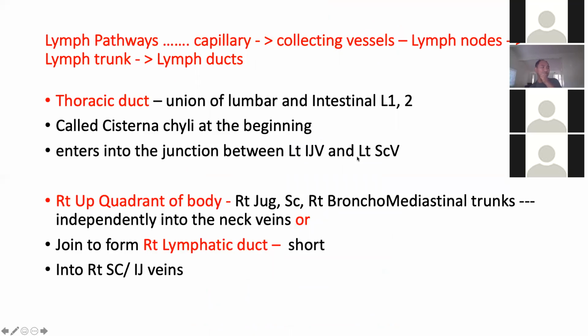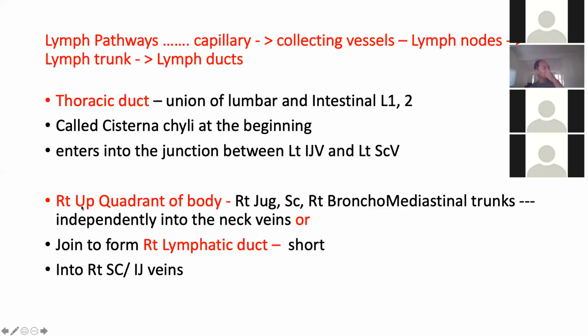So that is the thoracic duct, which starts as a cisterna chyli, formed by the merging of the lumbar and intestinal lymphatic systems, and finally drains into the left subclavian and internal jugular vein junction. This thoracic duct is important.